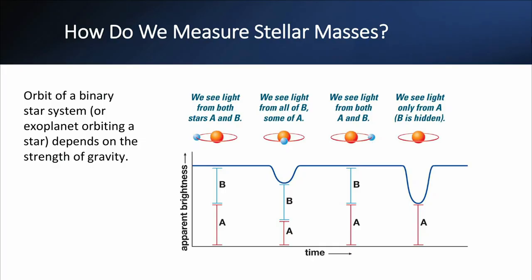So you can look at the brightness of a star system, and if you see these kinds of dips, you can infer that it must be a binary system. Timing when these dips occur, you can figure out the period of the orbit, and then using Kepler's laws, once you know the period, you can calculate the masses of the stars in the system.